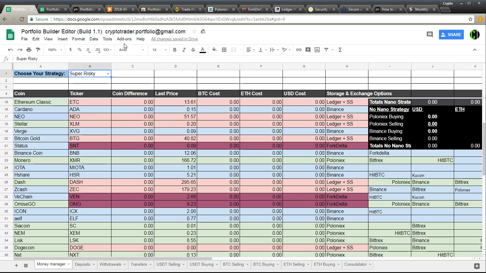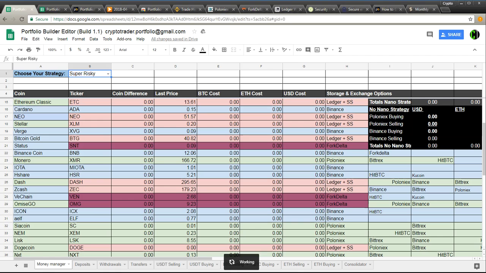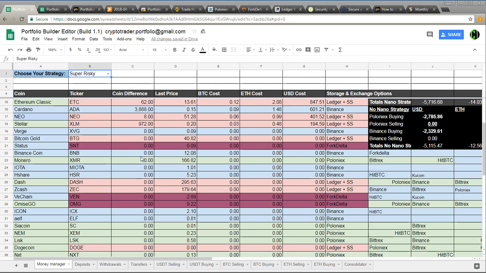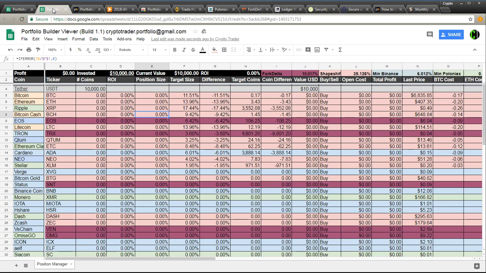Now I'll go back to my Money Manager, go to the Portfolio Builder tab, and hit Trigger Data Update. Now what you can see is it's told me exactly how many coins I need to purchase for each of the coins in the aggressive portfolio.